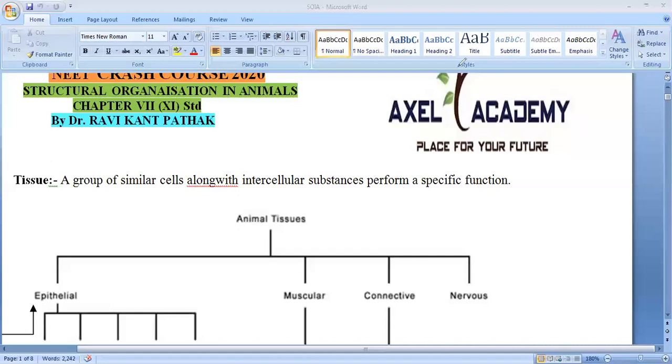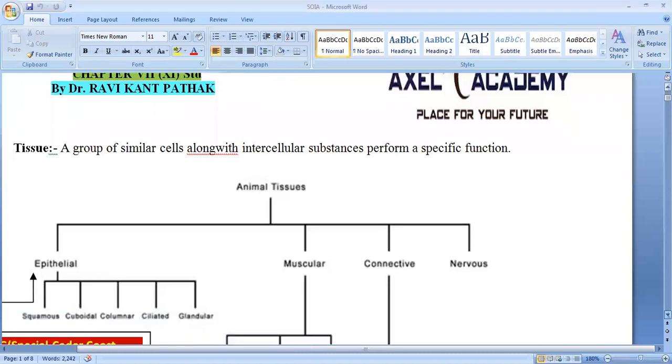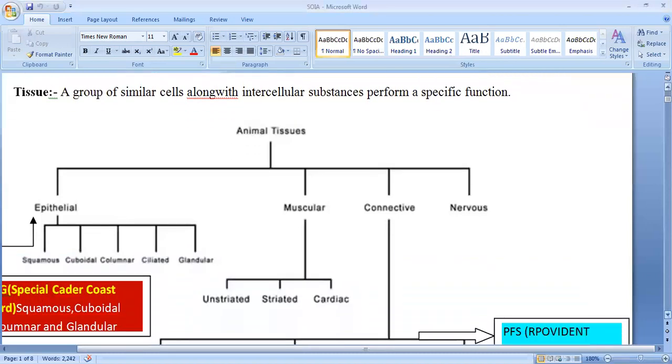The study of tissue is known as histology. In plants, which we will also discuss later, there is also tissue, and you already studied plant anatomy. Plants have two different types of tissue: meristematic tissue and permanent tissue.